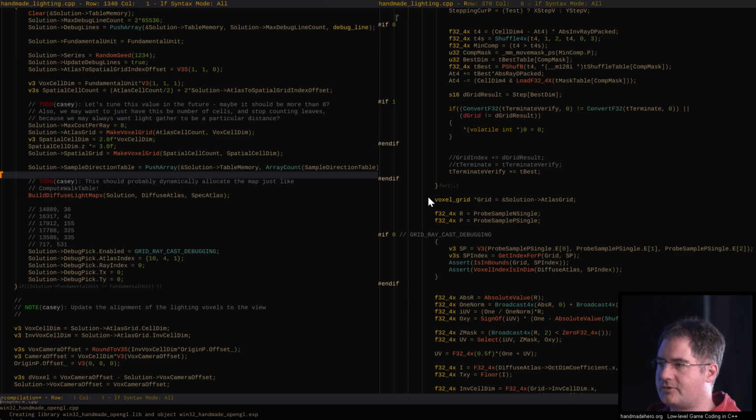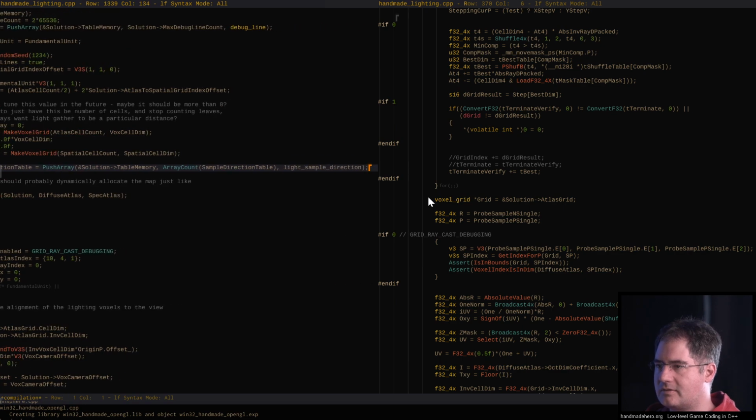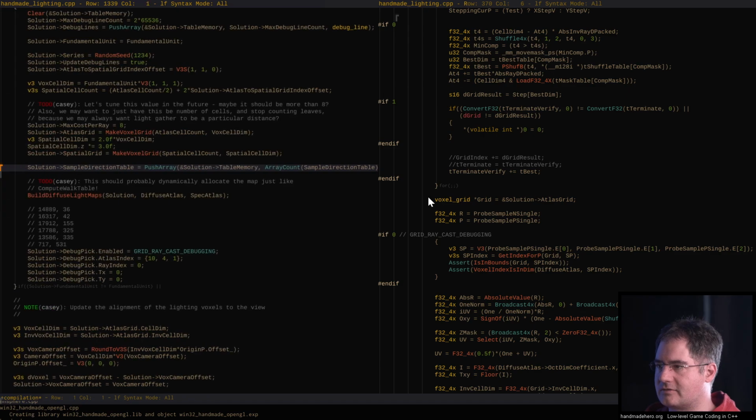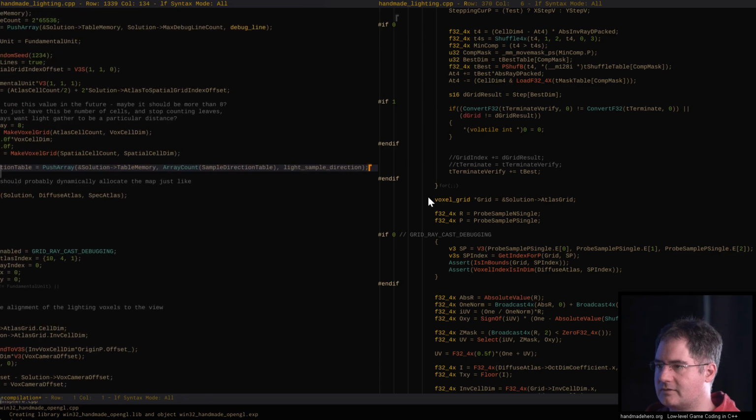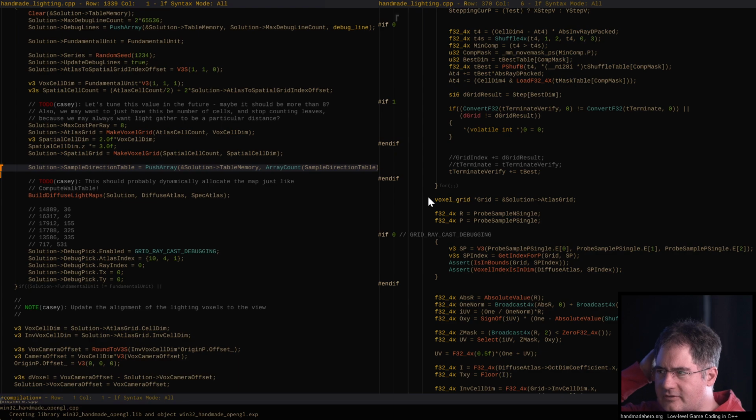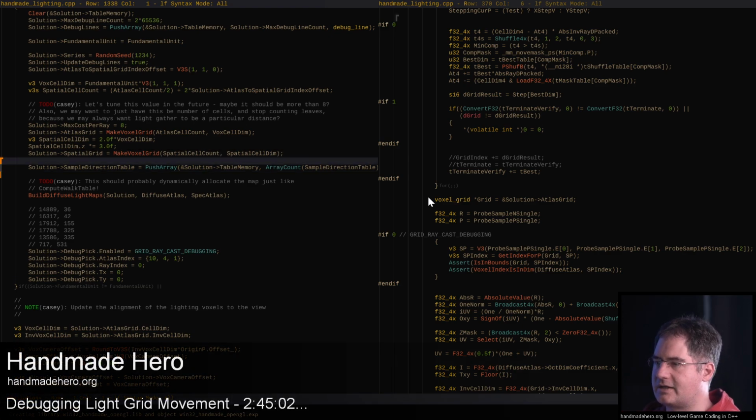The sample direction table is still there at the moment. But where does that get copied? Should that get copied? Oh, it looks like that push array does the copy, I guess. No, it doesn't. So when does that get copied? Did we copy that in the walk map version? If so, we should probably get rid of that entirely.